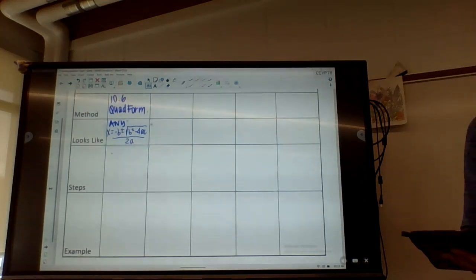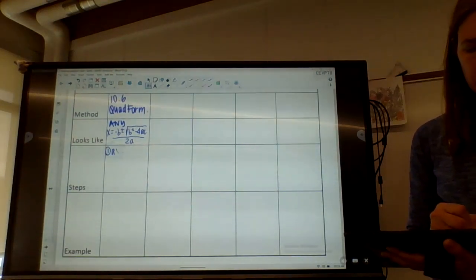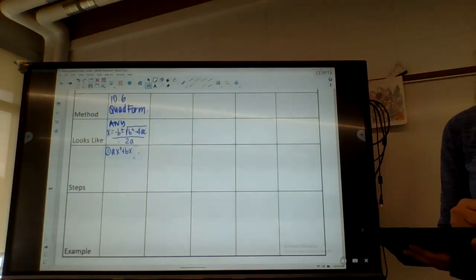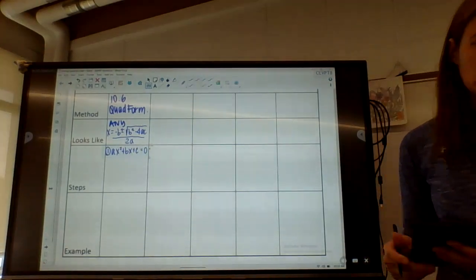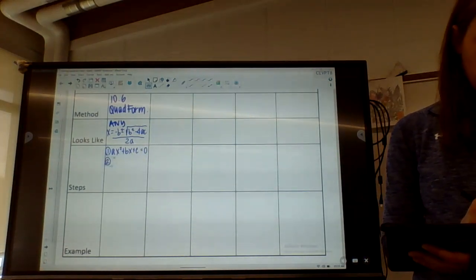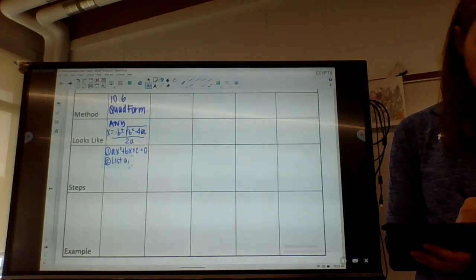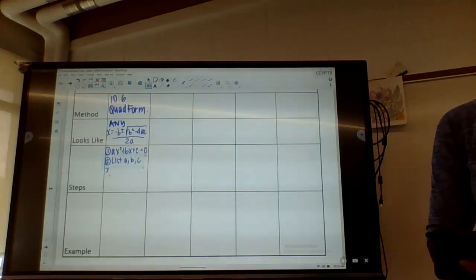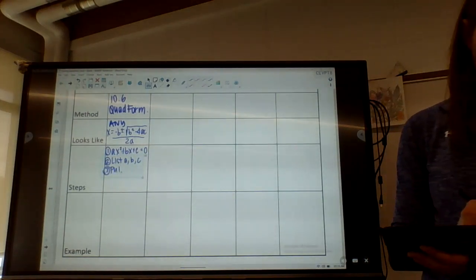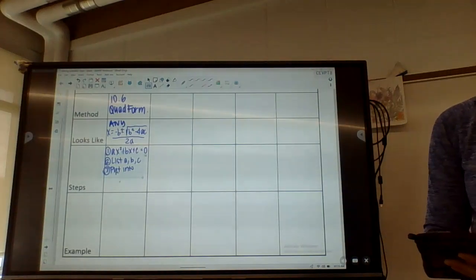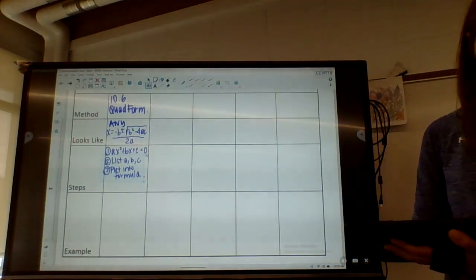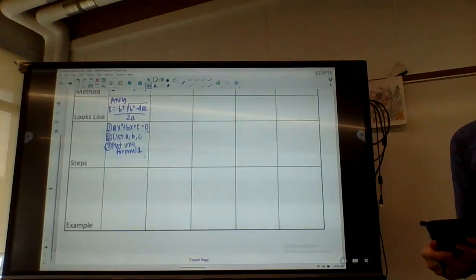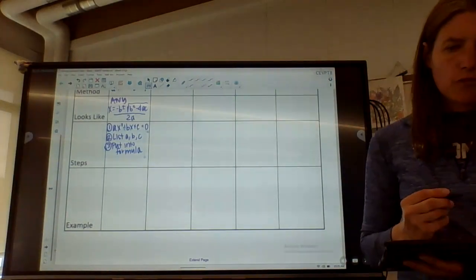So our steps is, first of all, it must equal 0. So it has to equal 0 to do this. So list your A, B, and C, and then put it into the formula.